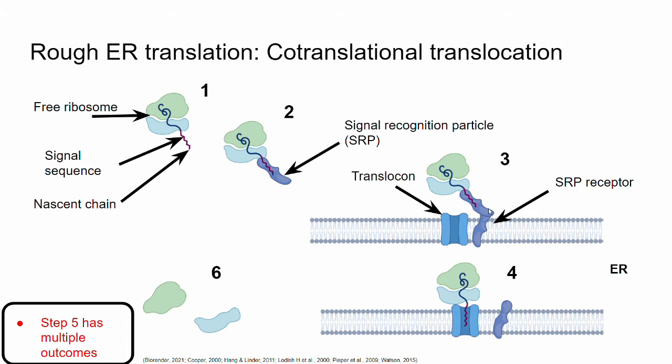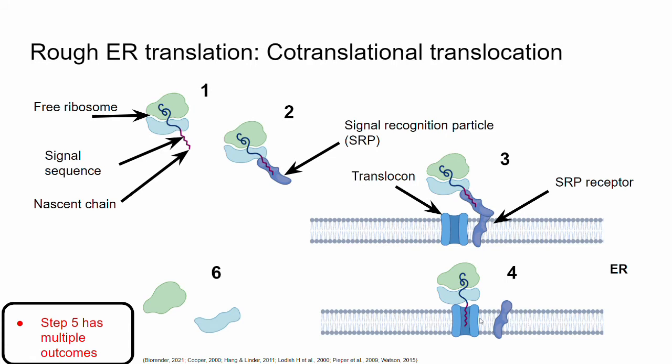Now here, at the destination, the SRP will bind to the SRP receptor here. This will make sure that the whole complex is attached properly to the membrane of the endoplasmic reticulum. Here we have a translocon. A translocon is basically a hole that opens for the ribosome and the protein, so the protein can be produced in the endoplasmic reticulum lumen.